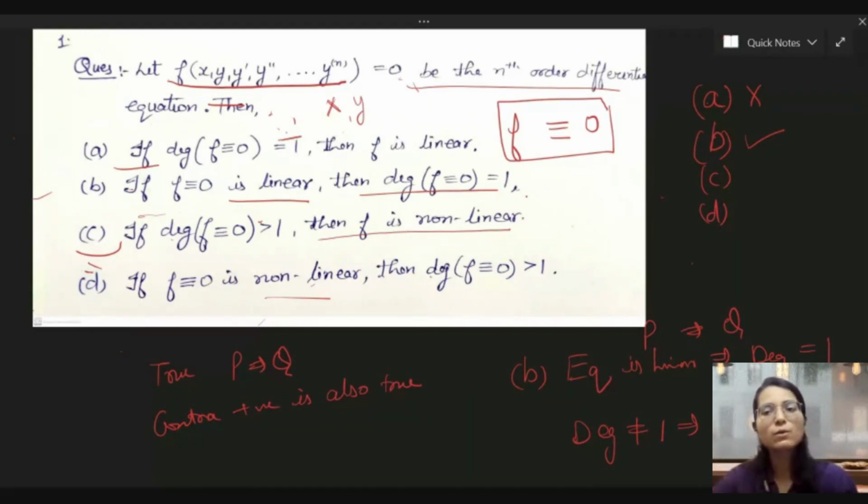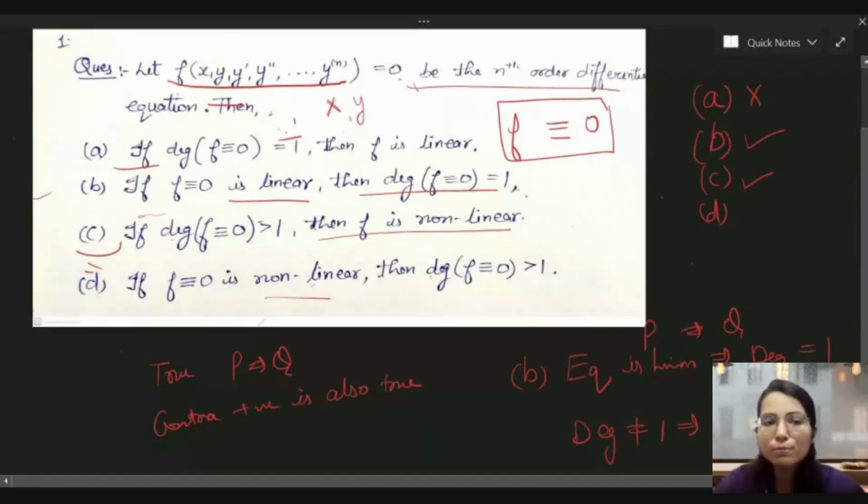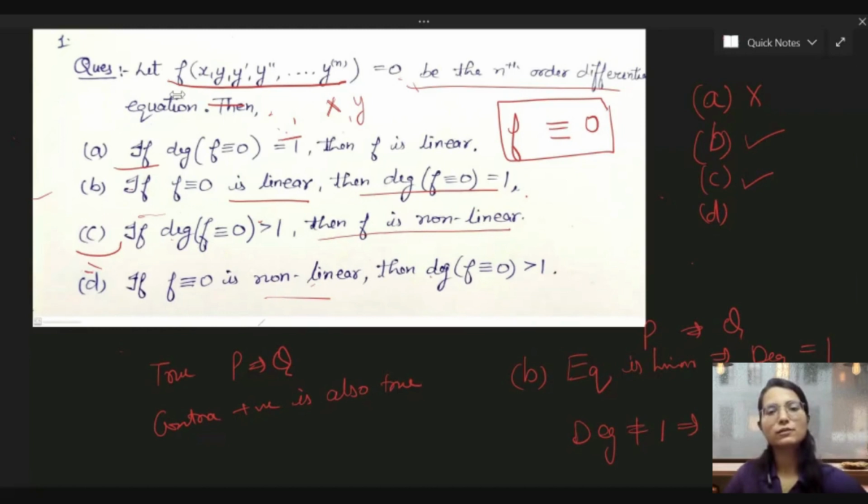So this means if the B option is correct, the C option is also correct, because the C option is the contrapositive of B, and vice versa, because the contrapositive of a contrapositive is the actual statement. If you again take the contrapositive of C, you will get the B option, because you will again apply negation over negation.